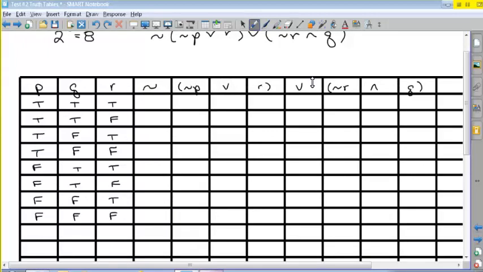So again, we go back to the columns that either have the letters by themselves or the negations of the letters. So we'll just start from the left. Here we have a negation of P, which means I write down the truth values that are in P, except they're exactly the opposite. So here I have 4 trues and 4 falses. So I have 4 falses and 4 trues. Okay, this is the letter R. This is statement R, so I do exactly what's in the R column that I have set up earlier.